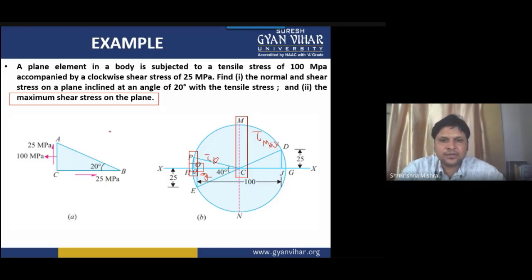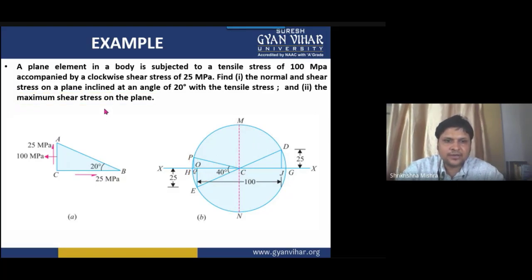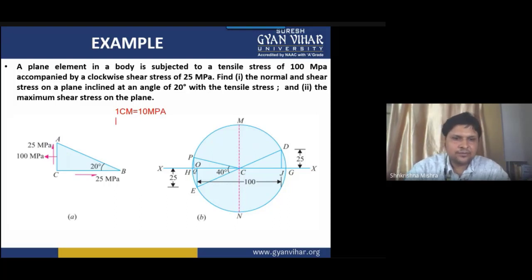Before doing all these things, you will have to first of all take a scale, students. Scale is important. You can take any scale since the values are 125 megapascal. So again, you can take the same scale, 1 centimeter is equal to 10 megapascal. So due to that, you will have your sigma value equal to 100 megapascal, that means that it is equal to 10 centimeter.